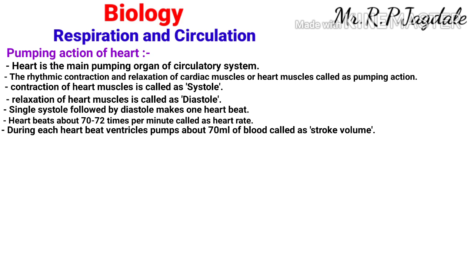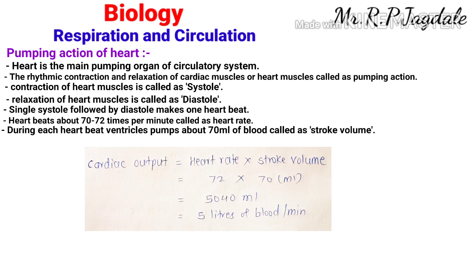Then what is cardiac output? Cardiac output means how much blood is pumped from the heart in 1 minute. So cardiac output is calculated by heart rate times stroke volume. We know that the heart rate in 1 minute is 72, and the stroke volume is 70 ml.